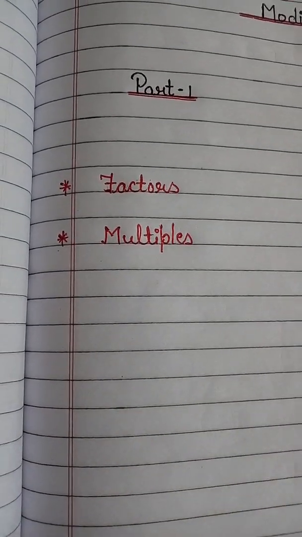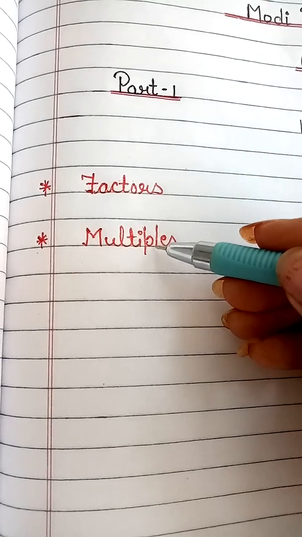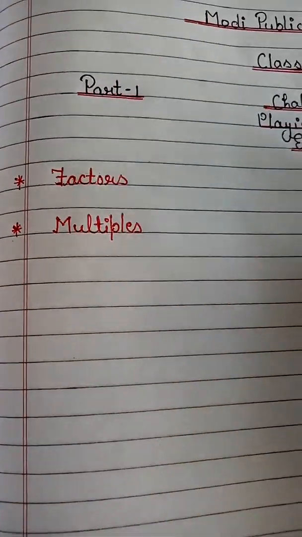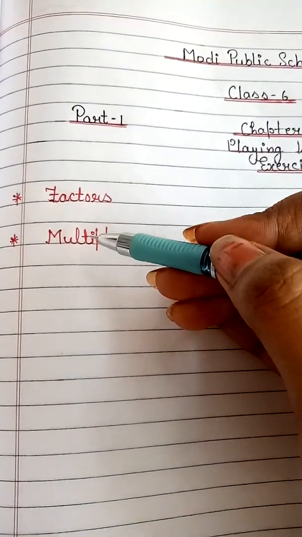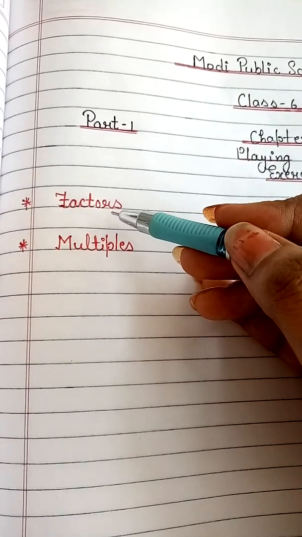So children, in this video we are going to discuss these two topics, factors and multiples. Exercise 3.1 is based on these two topics. Let us discuss what factors are.